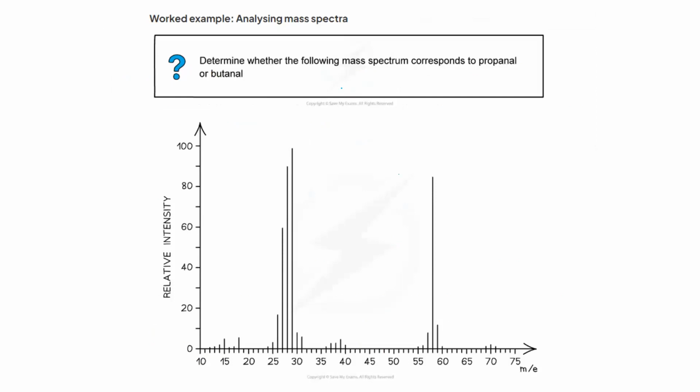Right. So it says determine whether the following mass spectrum corresponds to propanol or butanol. Okay. So propanol contains 3 carbons and it's an alcohol. Make sense?